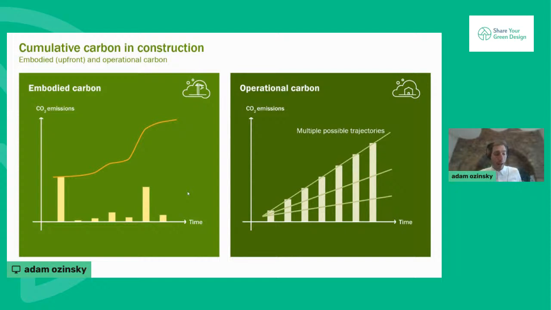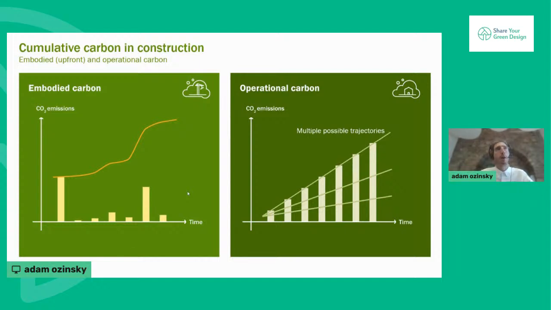And as Kelly alluded to earlier, certainly when I was being trained, we always focused on operational. Everything was about energy efficiency, air tightness, thermal insulation, COPs, etc. That was the be all and end all. In the last number of years, embodied carbon and the interplay between the two has become much better understood and much more a part of the common lexicon.